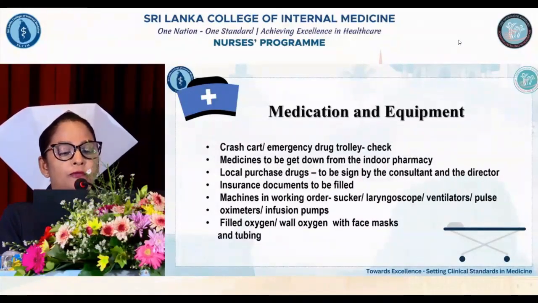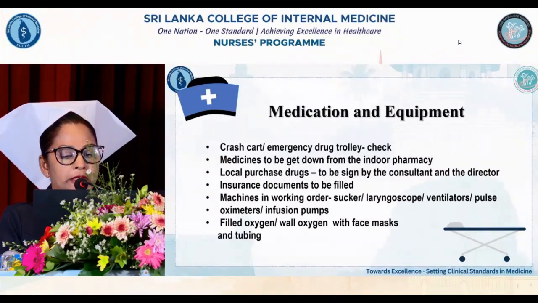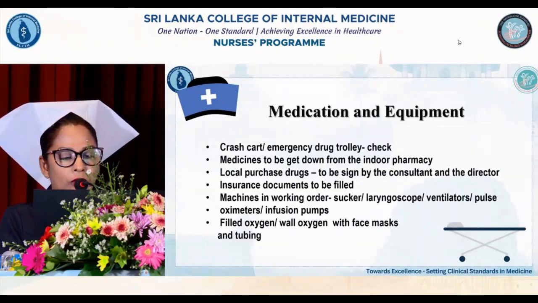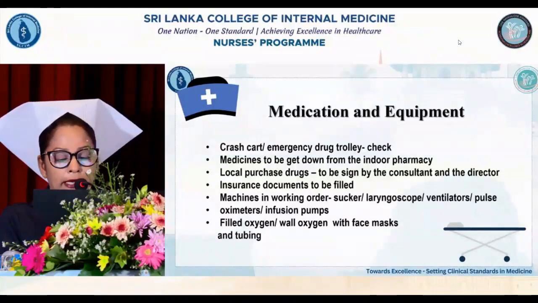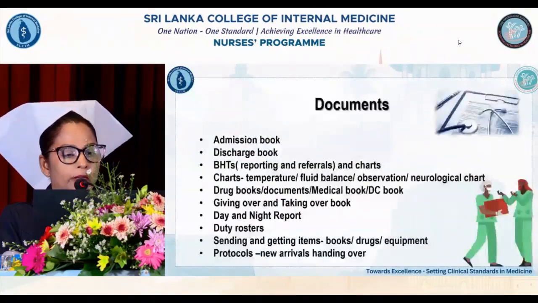So everything you have to hand over. Insurance documents to be filled. Machines in working order, especially the sucker machine, laryngoscopes, ventilators, pulse oximeters, infusion pumps and so on. Filled oxygen, wall oxygen with face masks and tubings. All these you have to check and take over.